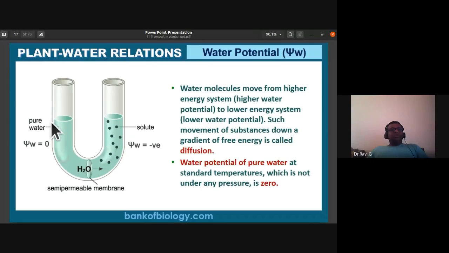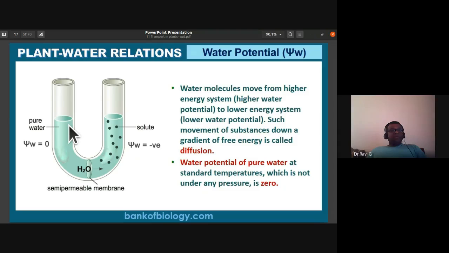You should also remember that water molecules move from a higher energy system, that is higher water potential, to a lower energy system, that is lower water potential. Such movement of substances down a gradient of free energy is called diffusion.